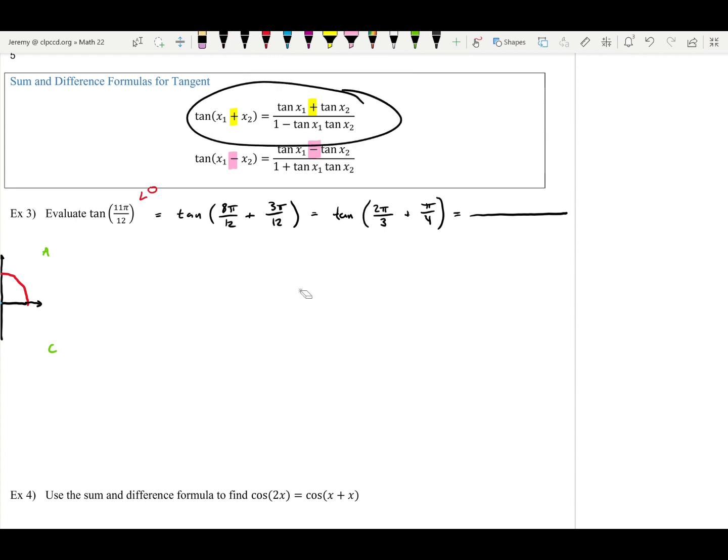So that'll be tangent of 2 pi over 3 plus tangent of pi over 4, divided by 1 minus the product of those two.